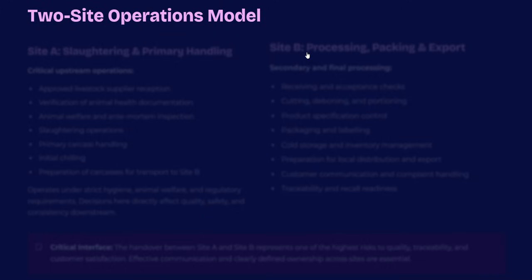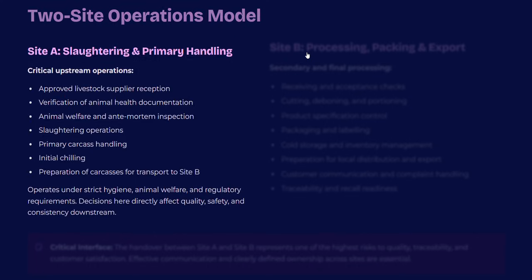Two-site operations model. Let's look now at our organization's two sites. We have Site A, slaughtering and primary handling. This is a critical upstream operation.